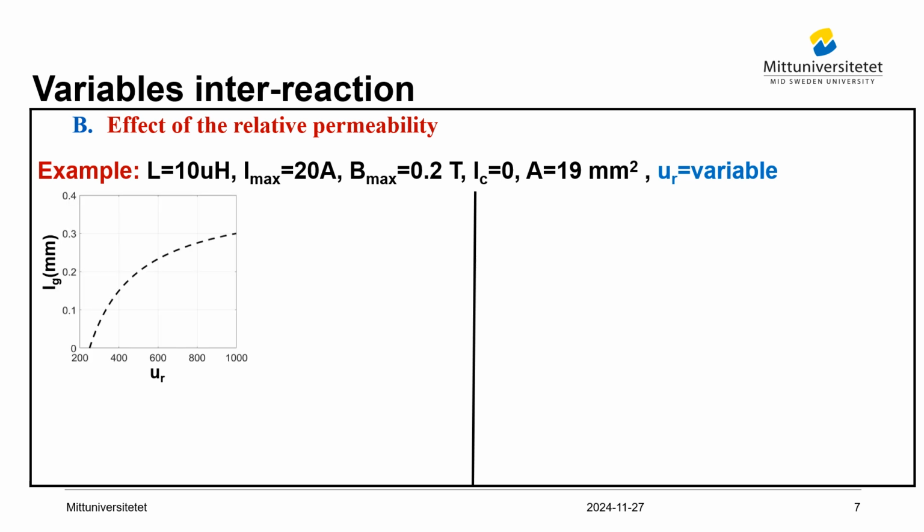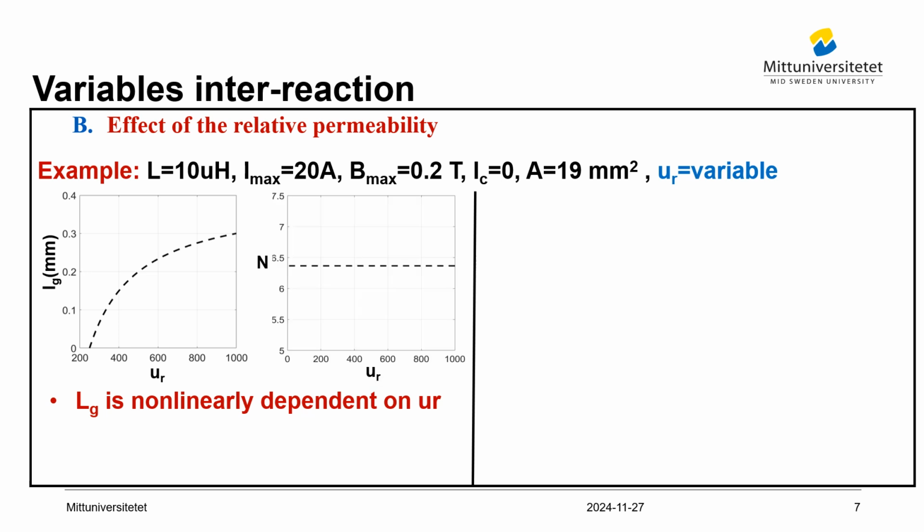So the air gap we get is a function of the relative permeability, and that's according to the unique air gap equation. An increase in the relative permeability requires an increase in the air gap, and that's very reasonable and logical. So the air gap is non-linearly dependent on the relative permeability.